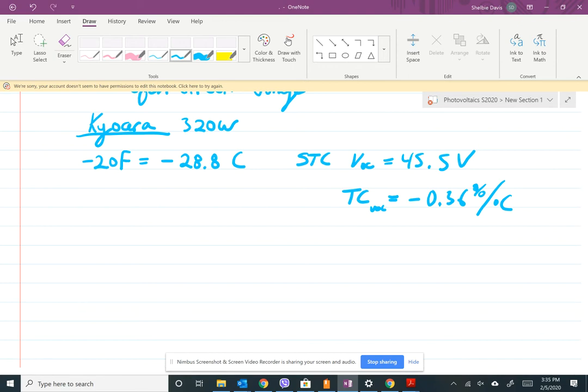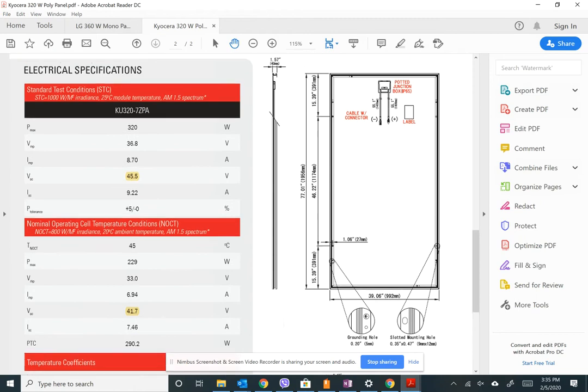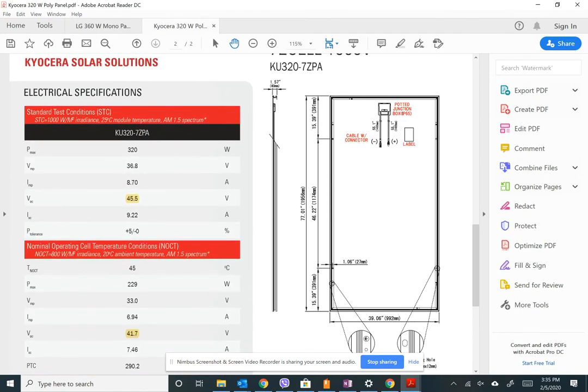And our temperature for STC, I'm going to go back one more time. Temperature for STC is 25 degrees module temperature. So that is right here, right at the top where it says standard test conditions, right underneath it, it says 25 degrees C. That is always true for STC. That is the standard, 25 degrees. But that is the actual module temperature or cell temperature. That is not ambient.